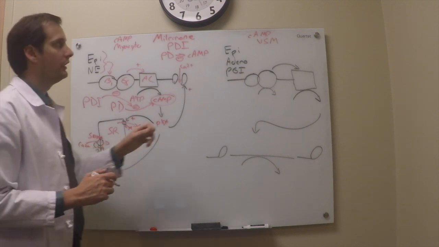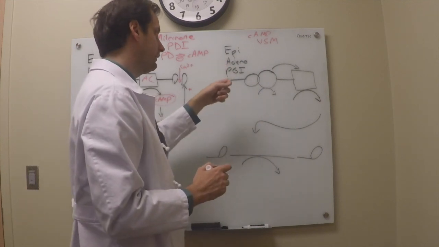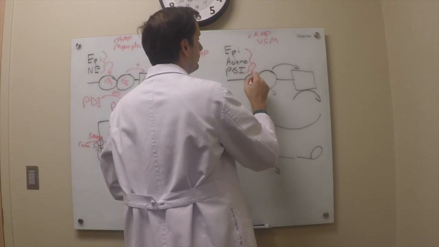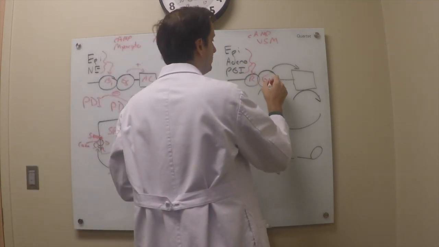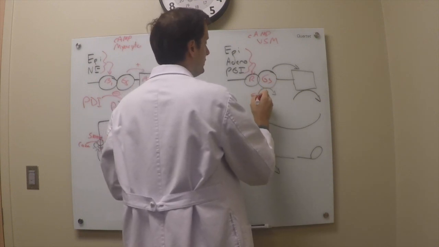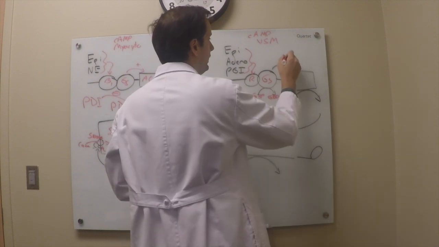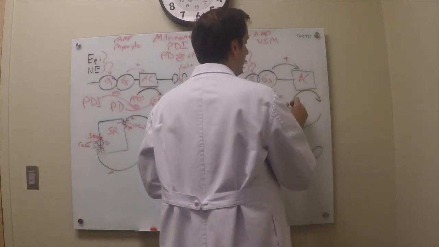Okay? In our vascular smooth muscle, again, we have epinephrine, adenosine, prostacyclin, each stimulating its own receptor. As well, this will be grouped with a G-stimulatory protein, and GTP is going to go to GDP and inorganic phosphate, which will have a positive effect on adenylyl cyclase.